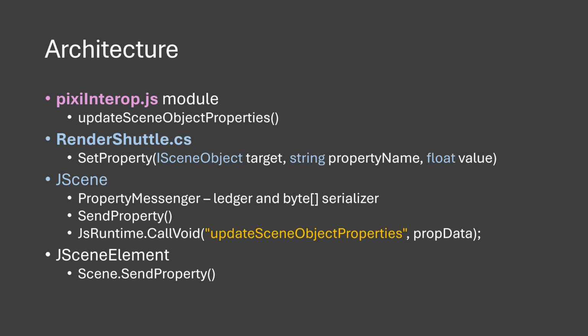We call the send property method, supplying information about which object it is, what property it is, and what the value is that we are setting. And that's about it. That's the whole architecture. Now let's jump into Visual Studio and check out the code.